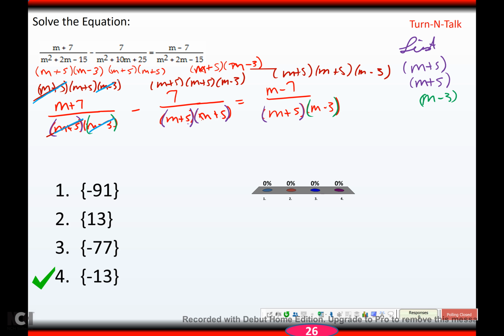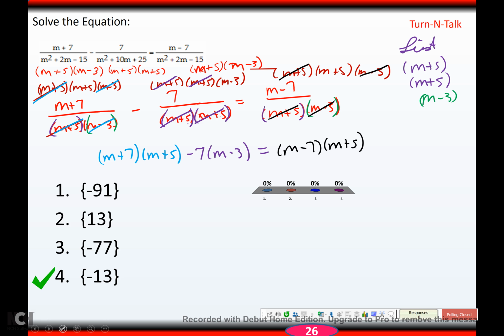The M minus 3 is going to cancel, so what I'm left with is M plus 7 times M plus 5. Second fraction, the M plus 5 is going to cancel, the other M plus 5 is going to cancel, and I'm left with negative 7 times M minus 3. And on the third fraction, the M plus 5 cancels, the M minus 3 cancels, and I'm left with M minus 7 times M plus 5. Okay, and all my fractions are gone.